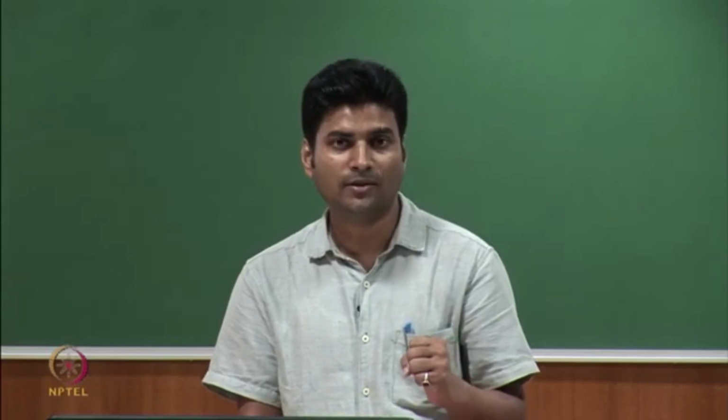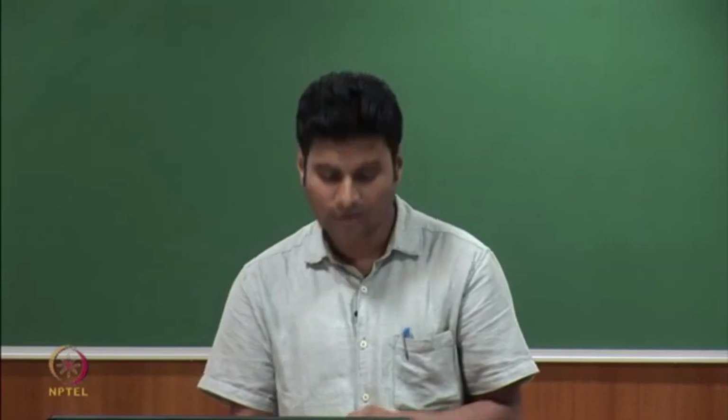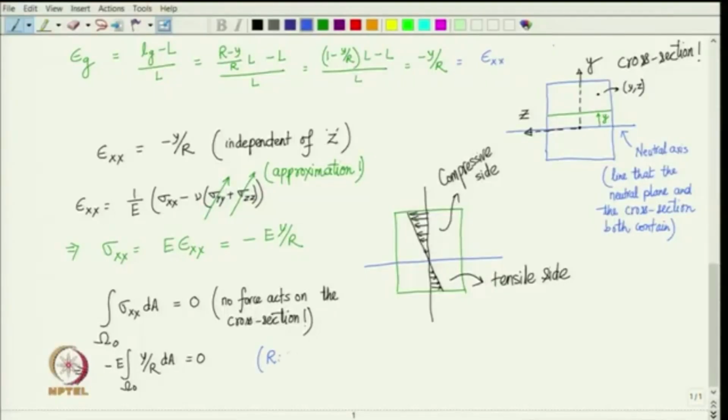So, I simply take out the Young's modulus out of the cross sectional integral, and you see we also have this big R, that is also called the radius of curvature. Okay. So, big R, we also call it the radius of curvature, which is also the radius of neutral line, correct.